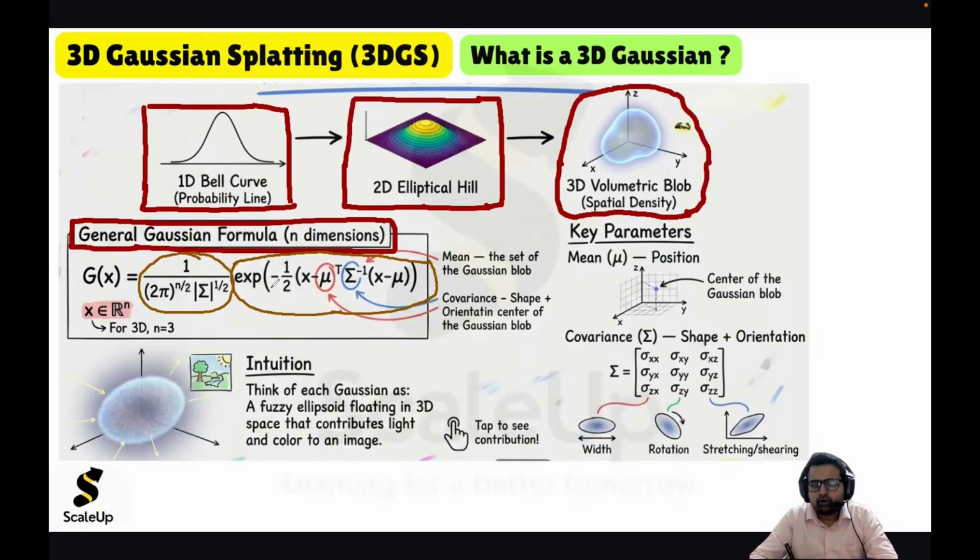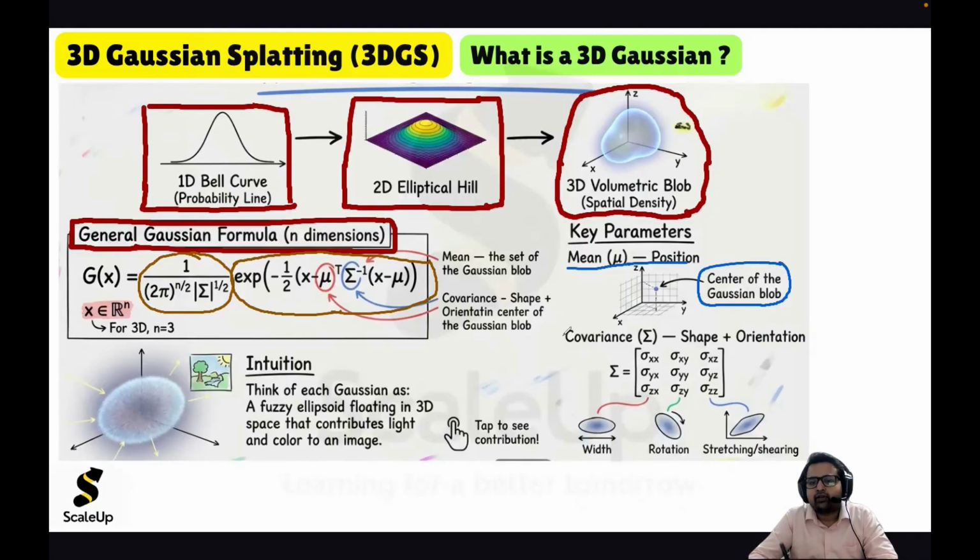So before diving deep into this formula, let us first get an idea about the key parameters. Let us get an idea about the position, mean mu, that is the center position. So it is the center of the Gaussian blob. The center of the Gaussian blob is mu. It's a position.